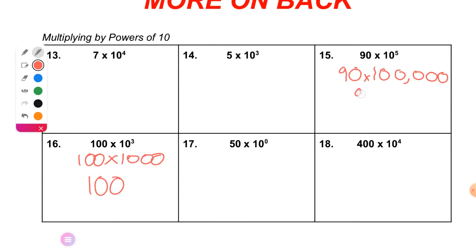So Parker, what mental math do you have to do? So what I did was 9 times 100,000, and I just added an extra 0. Okay, so he did 9 times 100,000 and added a 0. Does that work? Yep. Or 9 times 1 and add how many zeros? 6. Yep. Either way gets us there.